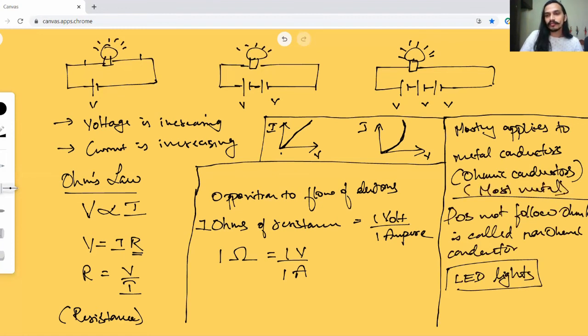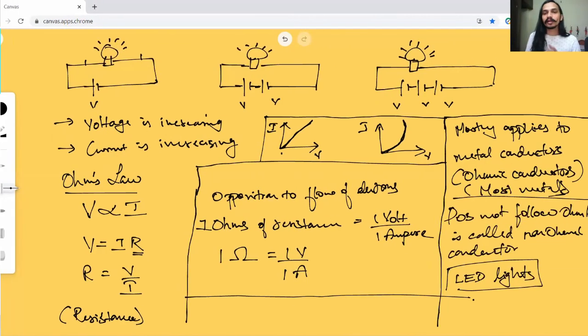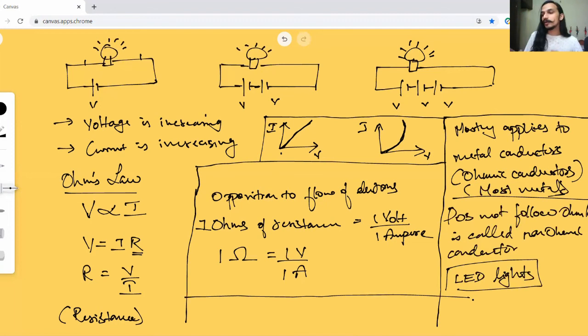Now, this is what we have learned for today. I will stop right here. We learned about a scientist named Ohm who framed something called Ohm's law. He said that in an electric circuit, the amount of voltage that is produced is directly proportional to the current that is flowing through that circuit.